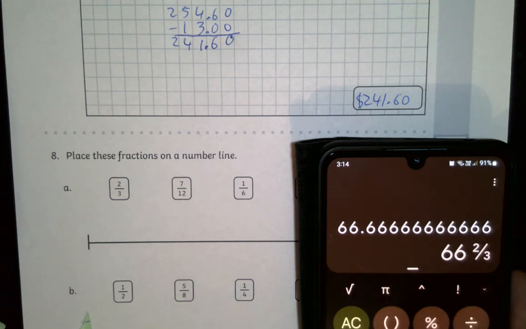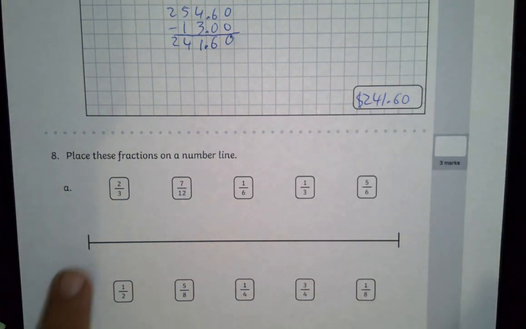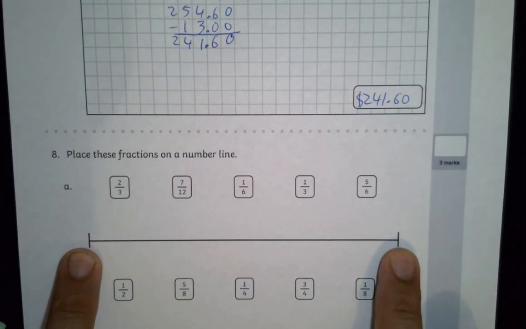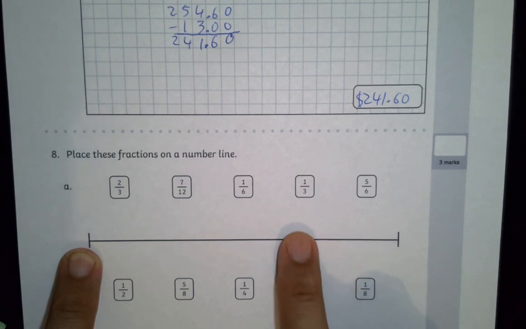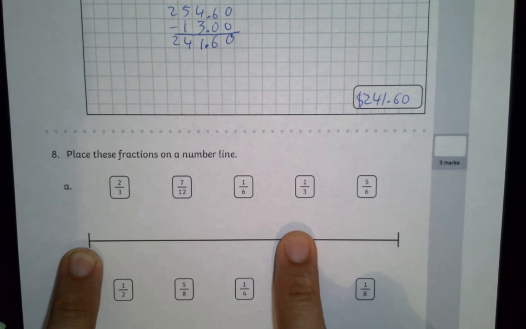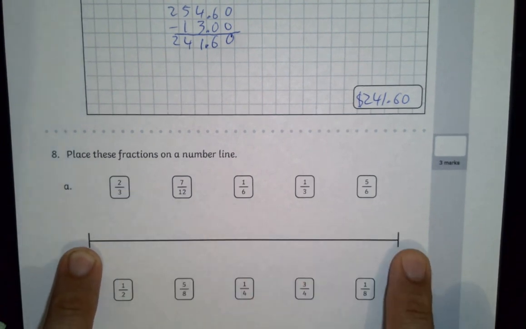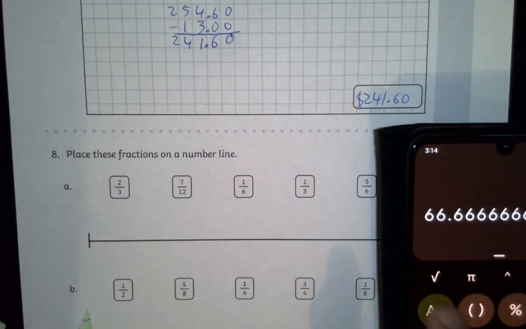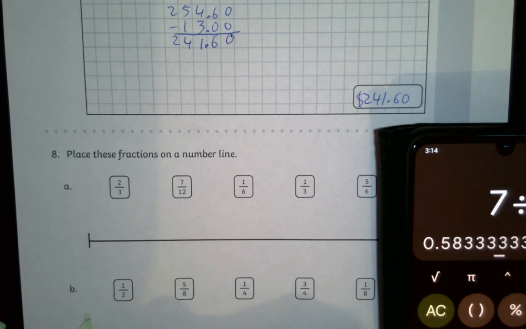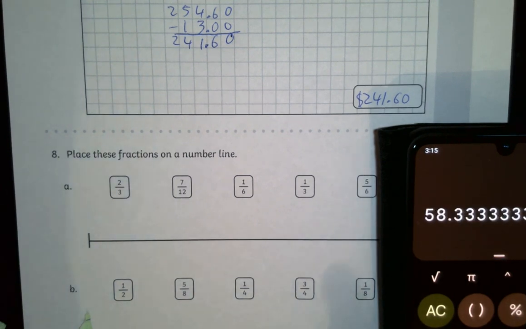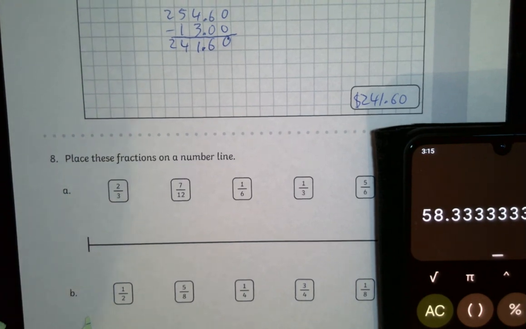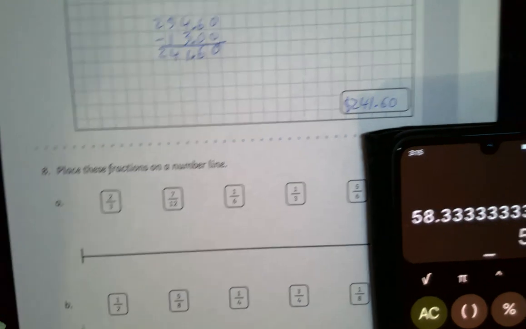So it'll be 66.6. So if this is my 0 point and this is my 100, 66.6 wherever you estimate that would be, which of course will be 2/3 of the way along. And then you would do the same for all the other ones as well. 7 divided by 12 times 100. So this one will be a little bit closer to the 0 than what that first one would be. So you could just do this for all of them. That would be very easy.